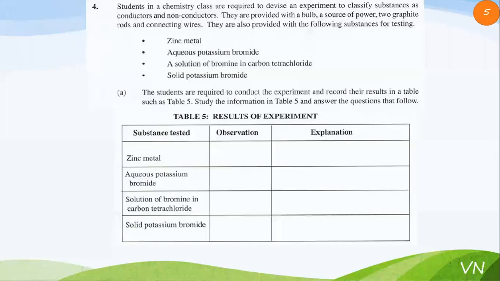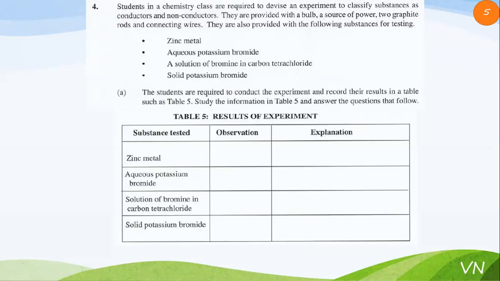So it tells us here that some students in a chemistry class were asked to classify some substances, and they're given some apparatus. They're given a bulb, source of power, 2 graphite rods, connecting wire. And they're also provided with the following substances for testing: a zinc metal, aqueous potassium bromide solution, solution of bromine in carbon tetrachloride, and solid potassium bromide.